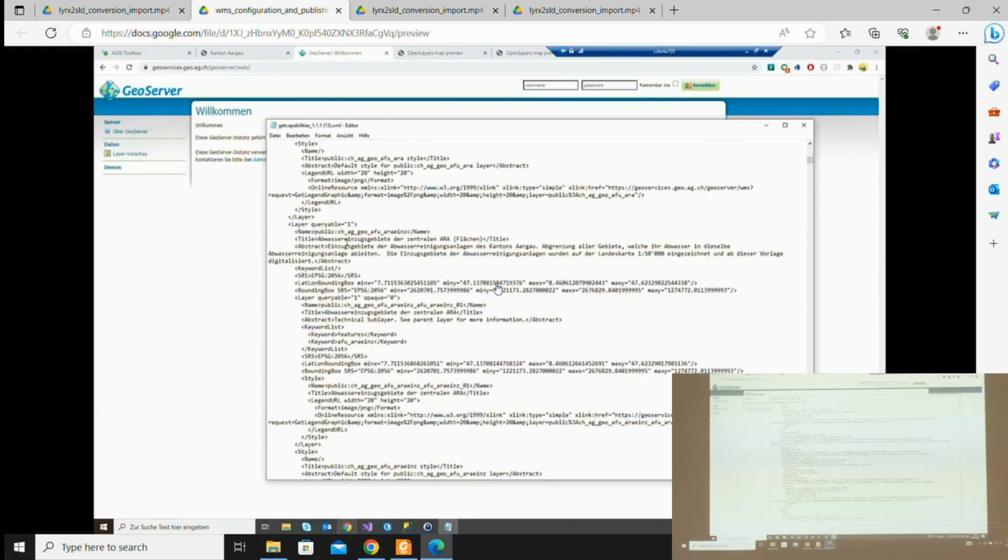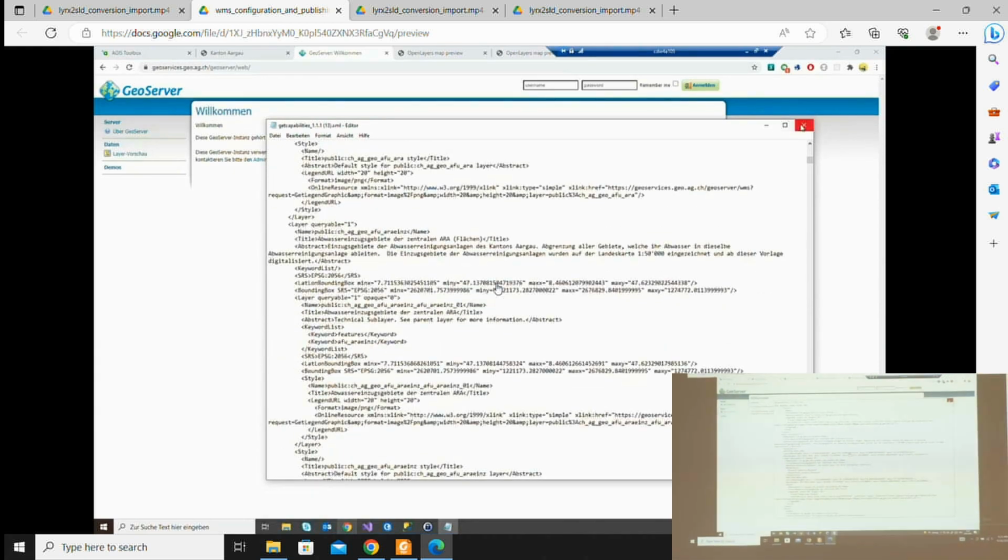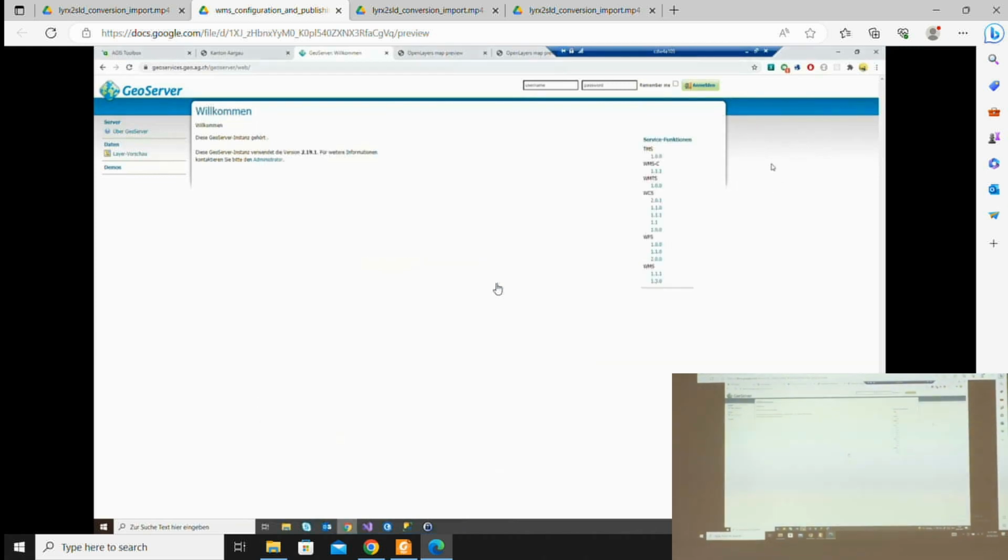There's the capability file for the whole lot of layers, and this capability file is also enriched with additional metadata from our metadata catalog. It's not only the publishing process, the conversion process, it's also this metadata version.